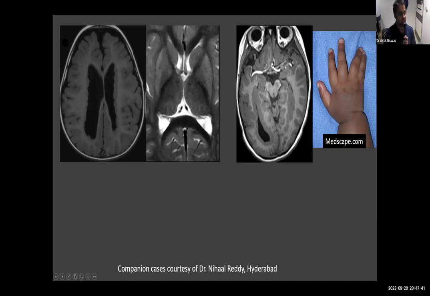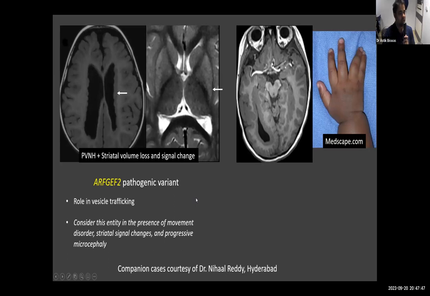So in the presence of these two findings, that is striatal volume loss and signal change with dystonia, they're quite strongly suggestive of two pathogenic variants, which, like FLNA, have a role in vesicle trafficking. So consider this in this constellation of symptoms, and if there is movement disorder and progressive microcephaly.